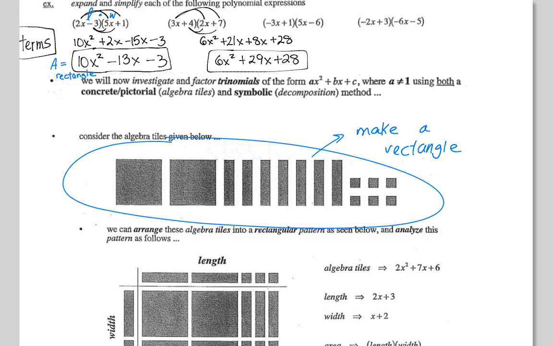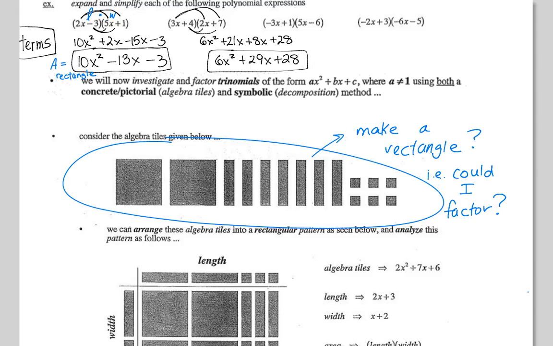Because that's the goal of factoring. Could I make a rectangle? In other words, could I factor this? When they ask you to factor, essentially what you're asking is if you could make a rectangle.